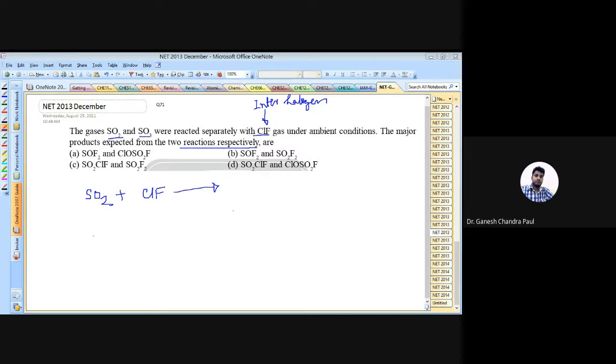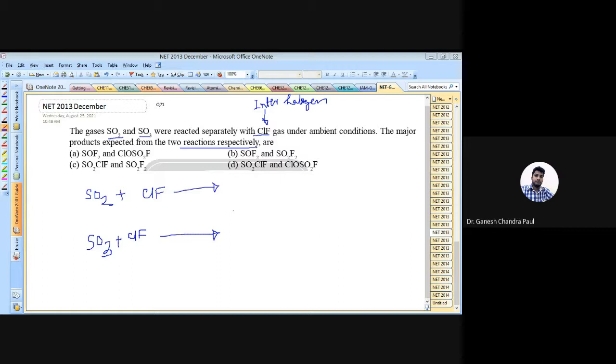And the second reaction is SO3 plus chlorine monofluoride. Then what is the product? Anybody? You just think. In general, in both these reactions, you will get the addition product, not any kind of substitution product.